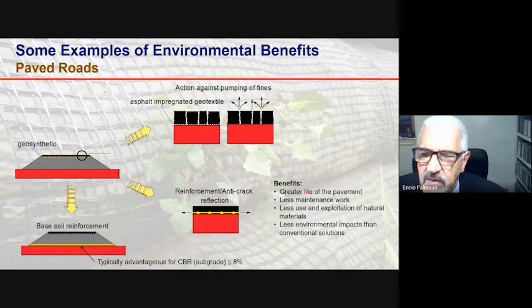So the benefits are greater life of the pavement, less maintenance work, less use and exploitation of natural materials, and less environmental impacts than conventional solutions in pavement engineering.